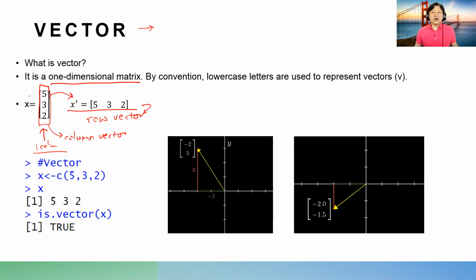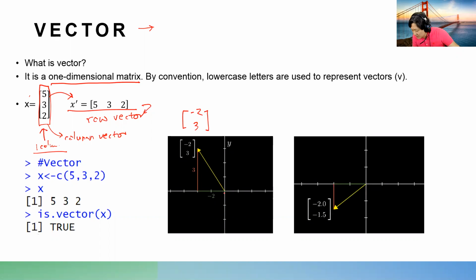A vector represents some direction in geometric space. For example, this vector is -2 and 3. This is a column vector.